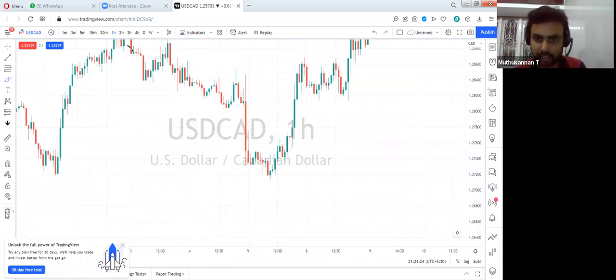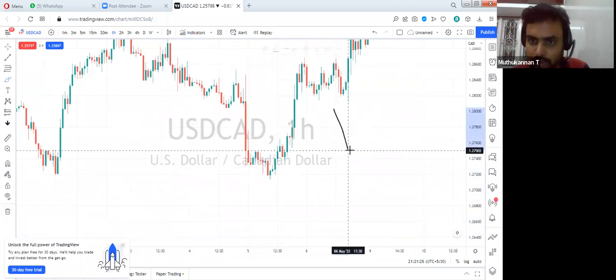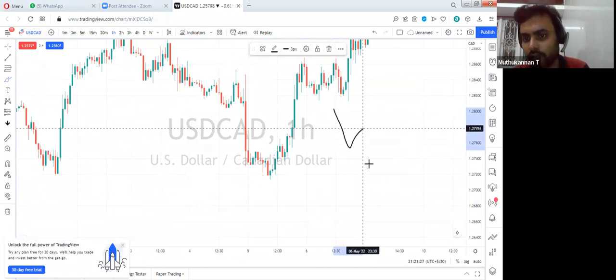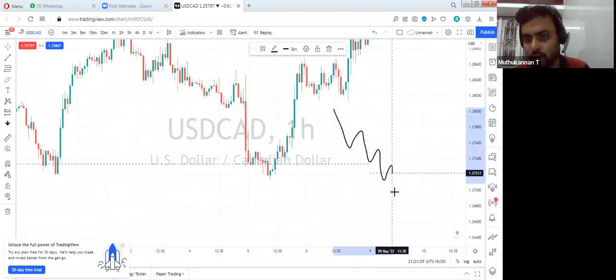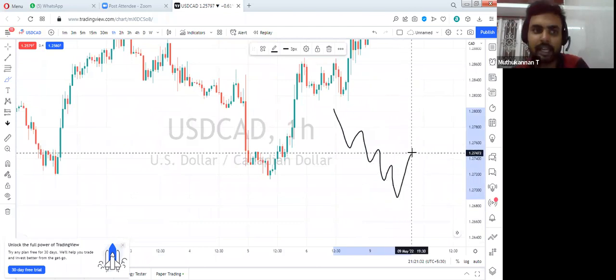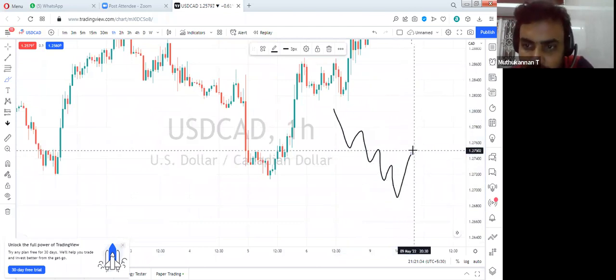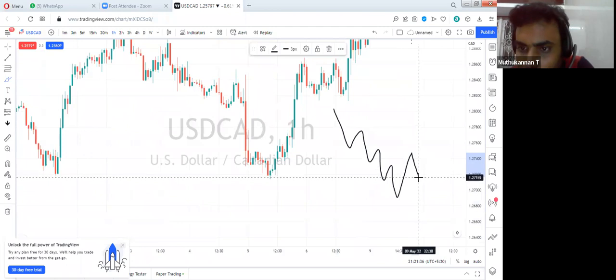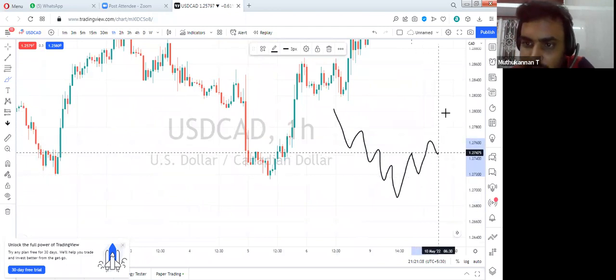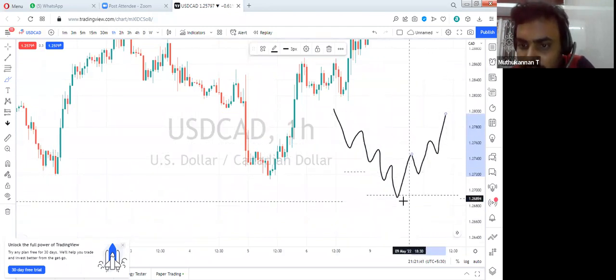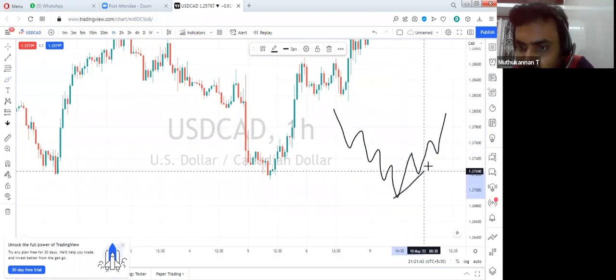Sorry about the bad drawing. So it will look like a downtrend: lower low, lower high, lower low, lower high, lower low, lower high, lower low, then higher high, higher high, then higher low, higher high, higher low, higher high.